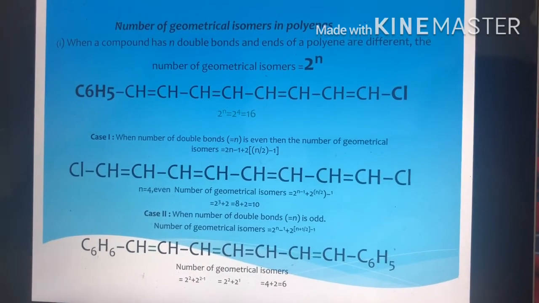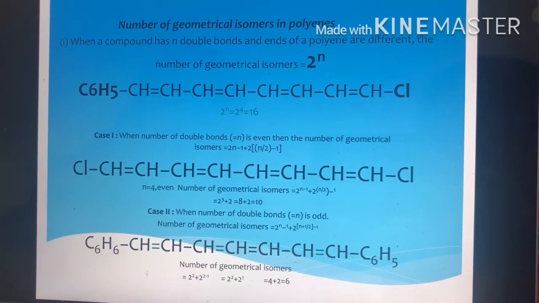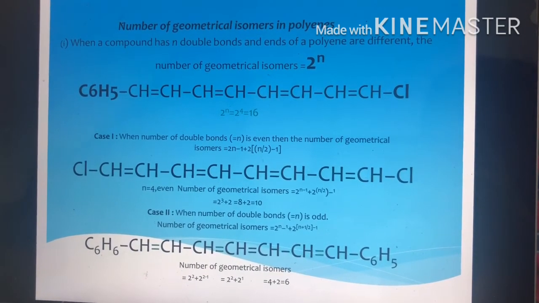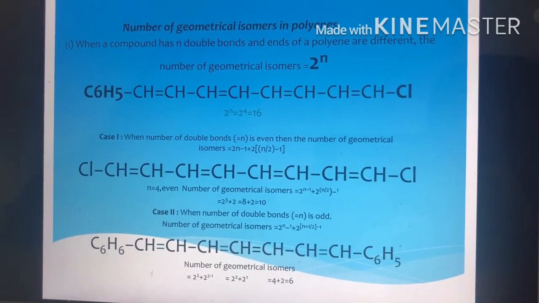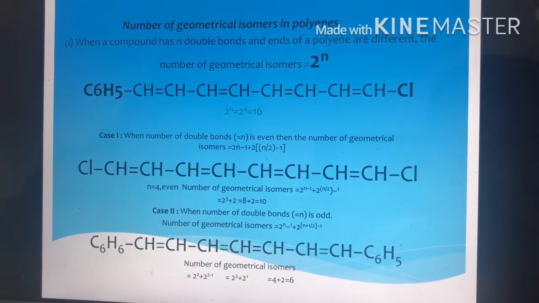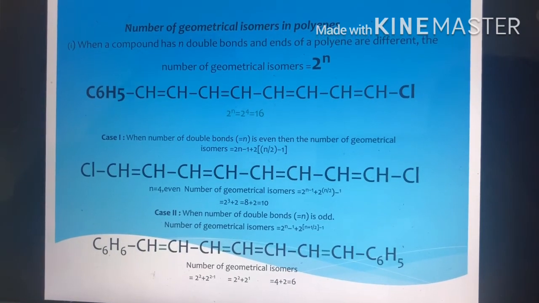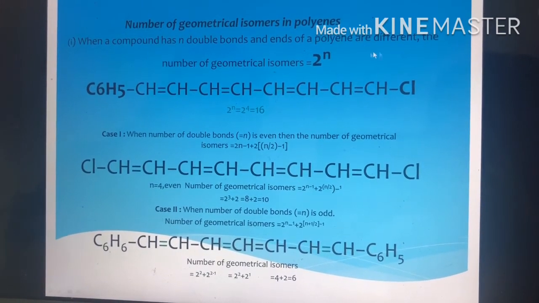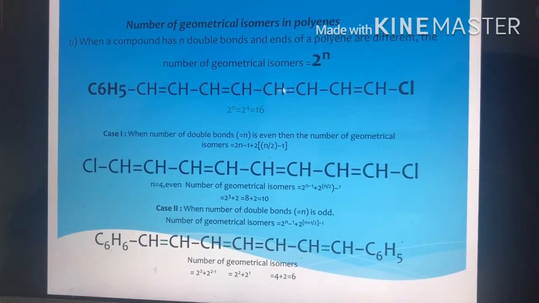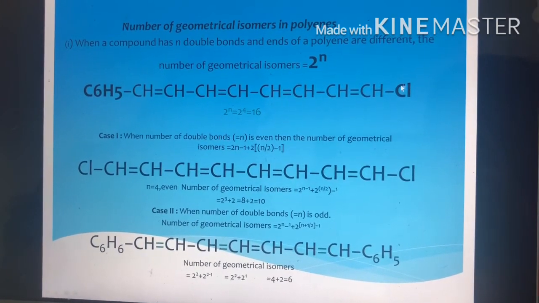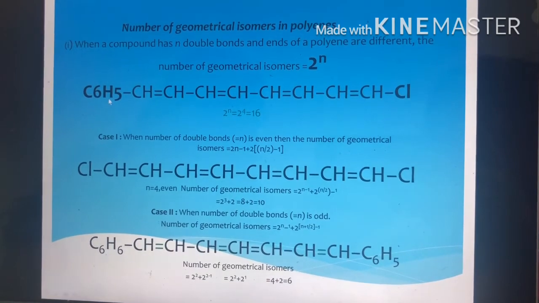Now the third objective we have to understand is, when there is more than one double bond in a compound, how do we find out how many isomers will be shown by that compound? So there are conditions. The first condition is that the alkene has two different ends. We can see here the alkene has a chlorine on one side and a phenyl group on the other.